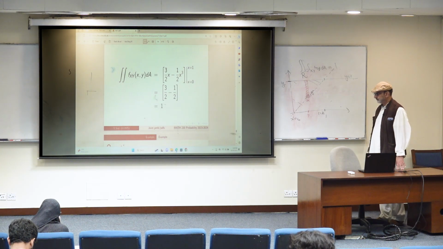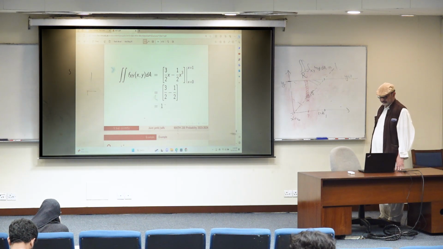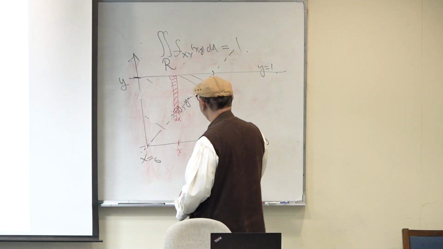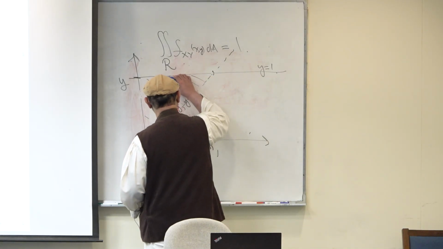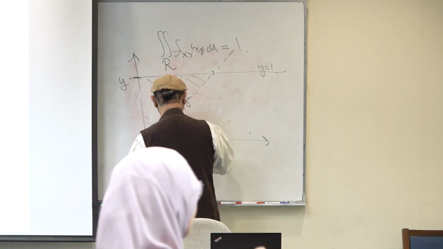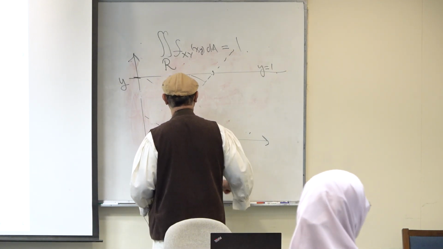Okay. All right. What if we wanted to do it the other way? What if I said, no, I want to do the x integration first and the y integration second?